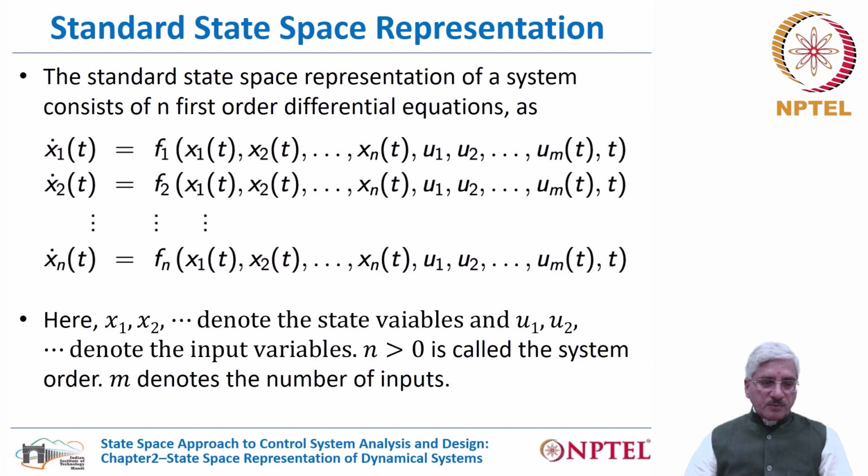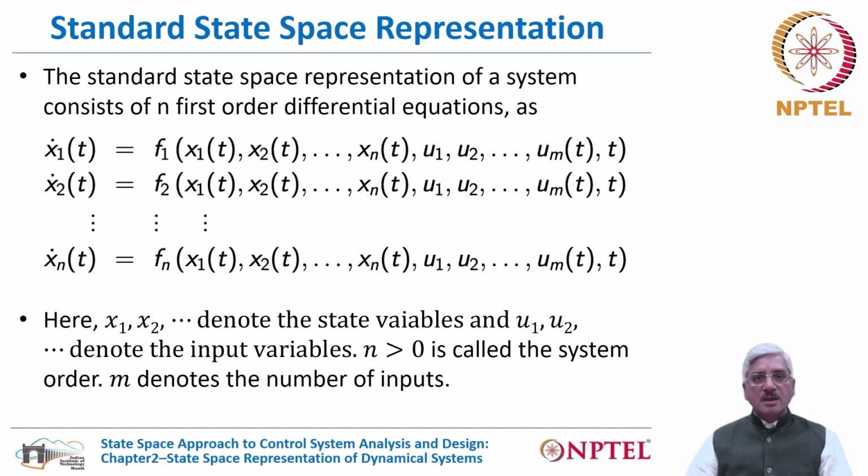I read a few of them. x1 dot (t) equal to f1 of x1, x2 and so on up to xn, u1, u2 and so on up to um and time. Similarly, x2 dot is f2 of x1, x2 etc. up to xn, u1, u2 so on up to um and time.